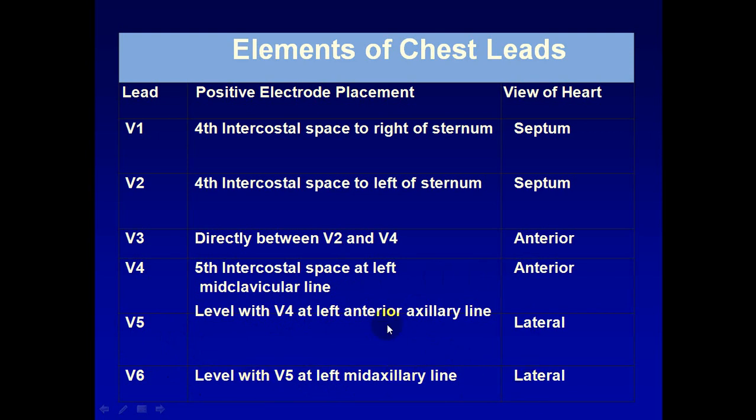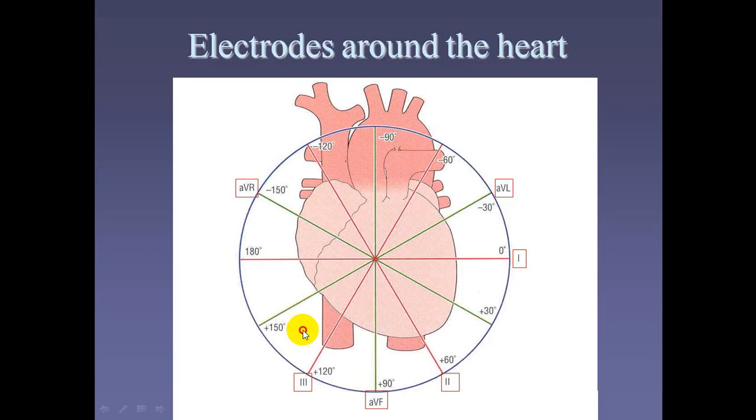Just to remind you, inferior wall: lead 2, lead 3, AVF. Lateral wall: lead 1, AVL, and V5, V6. While the septum is V1, V2, and the anterior wall is V3, V4, V5, even V6, which will record any change, ischemia, or infarction in this ECG.